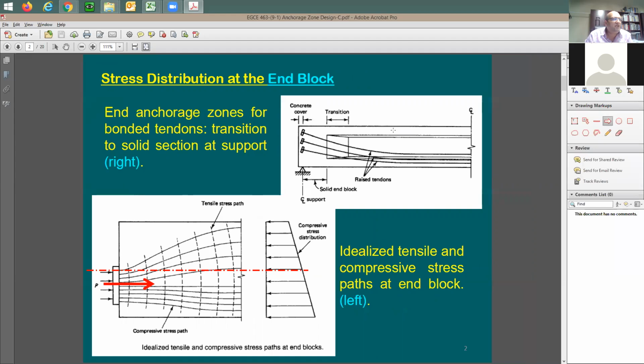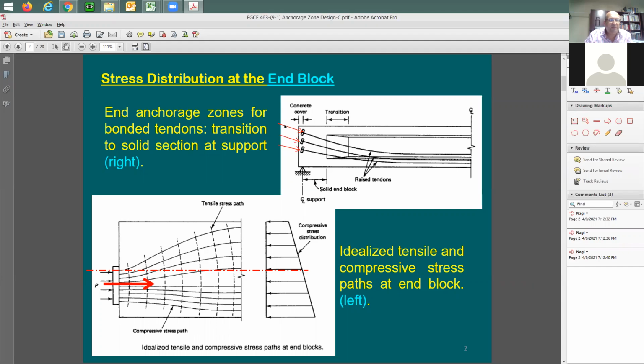At this anchorage location, you're going to have some forces coming this way. So the force here is going to be compression on the concrete, while it's going to be tension on the strands themselves. So the strands themselves are going to be exposed to tension, and once you put this anchor, they're going to be providing compression on the end block of the beam.